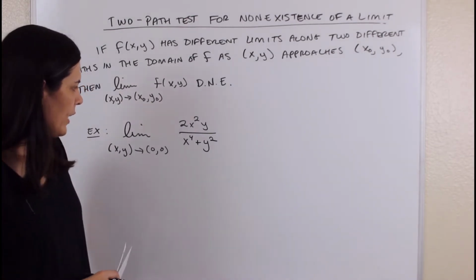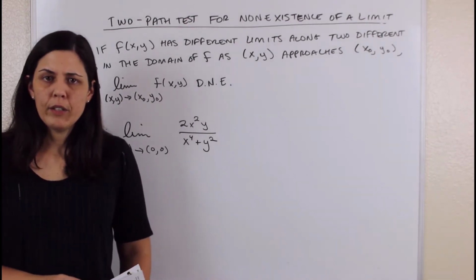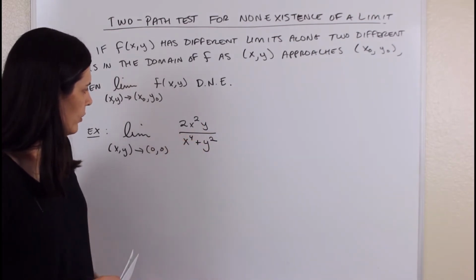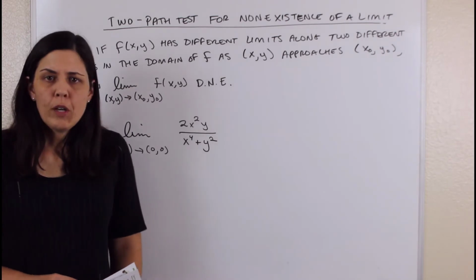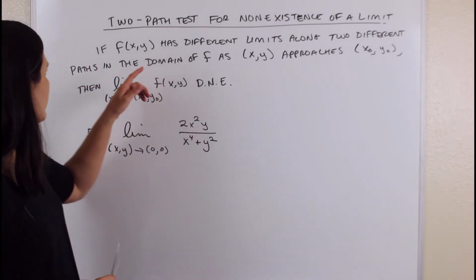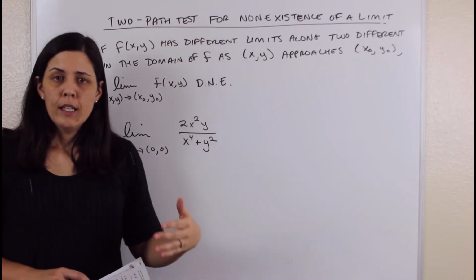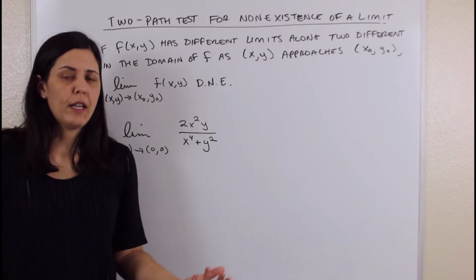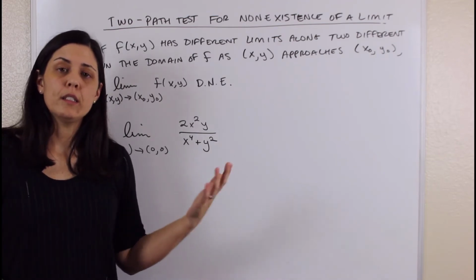I can try to factor and do different things to see what I can figure out here, but this actually doesn't factor nicely at all with real numbers. So what I'm going to try is to prove that this limit doesn't exist. I'm going to see if I can find two paths for my test, two paths that when I approach 0, 0 in two different ways, I get different values, therefore saying the limit doesn't exist.